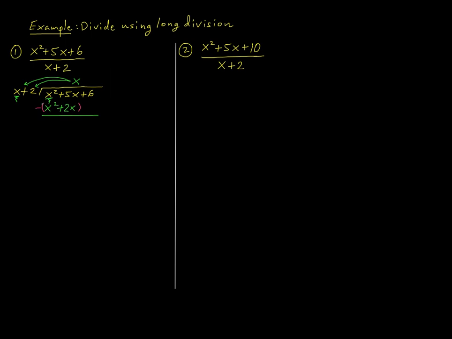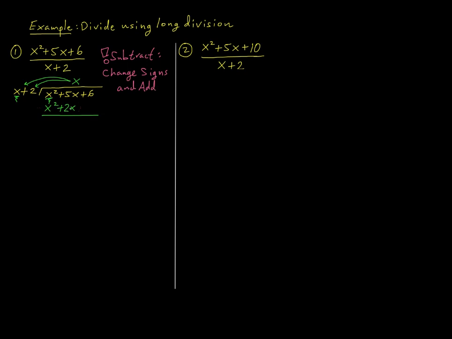What I would recommend, as opposed to doing this with parentheses, is the following. When we subtract in a long division problem like this, my recommendation would be to change the signs of each term and then add. Subtraction is really adding the opposite.